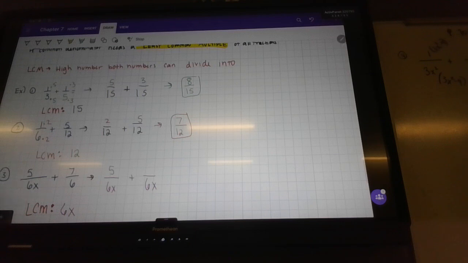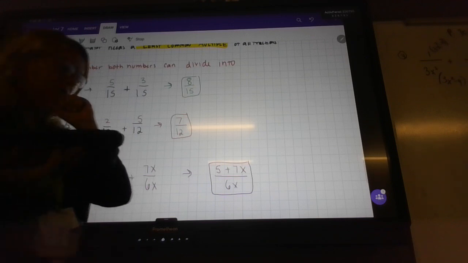The second fraction did not have x, so I'll multiply x into the top and bottom. Now that you have a common denominator, you can add across the top, getting 5 plus 7x all over 6x. Number 3 should be good to go.